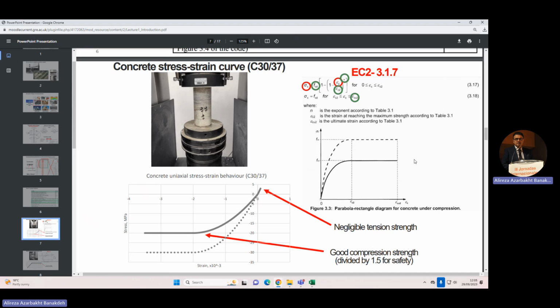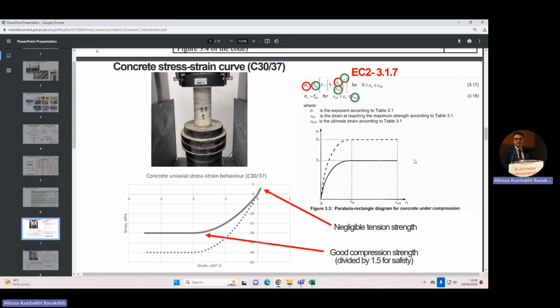The solution is here, and there are two graphs. If you use 30 here, you will come up with this graph. But if you divide your 30 by 1.5, which was the safety factor, if you remember, fcd is always fck divided by 1.5 for safety, you will come up with this one.